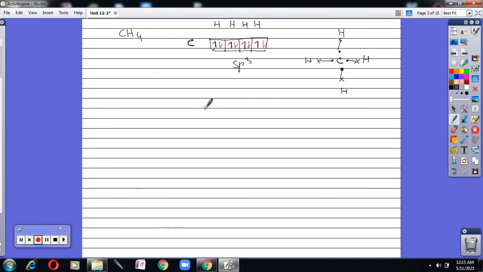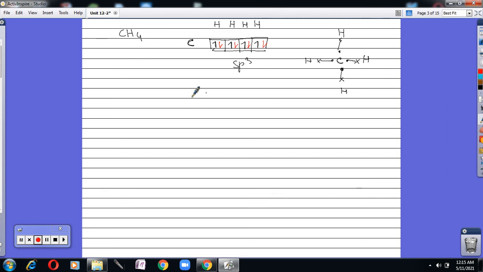Now, by default, since four hydrogen atoms are surrounded here and carbon is in the center, we can say they have a 90-degree angle difference between the hydrogen, carbon and hydrogen bond.